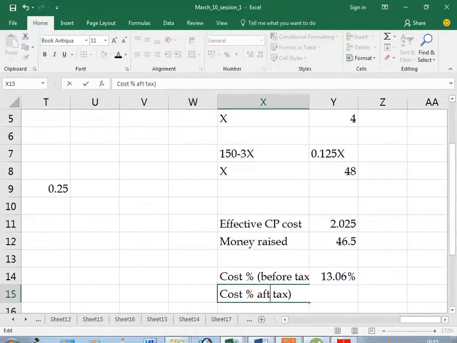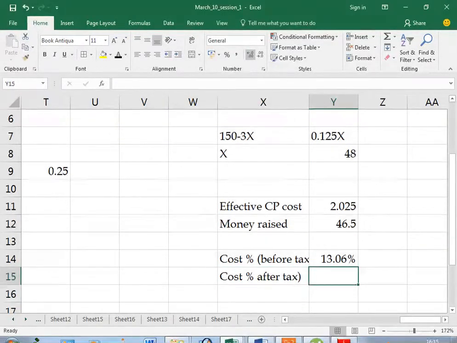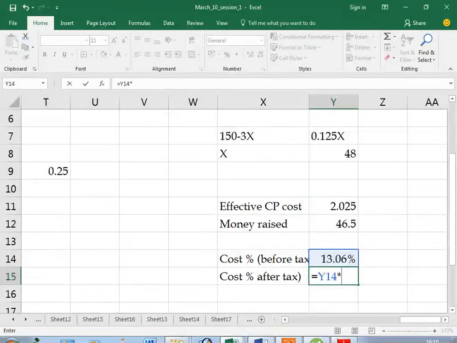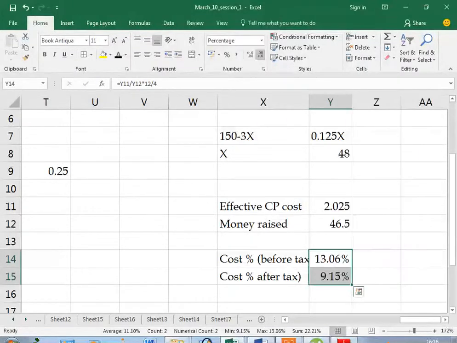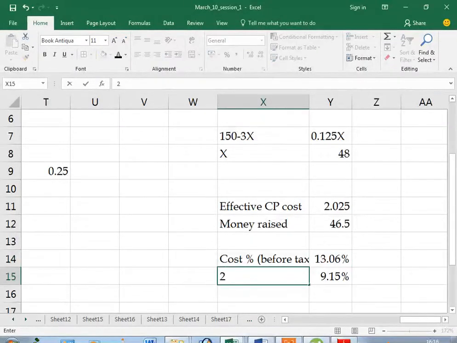Interest is a tax deductible item. What is the tax rate? So into 70%. Pre-tax rate into 1 minus tax rate. So this is going to be the number. Before tax it is 13.06%. After tax it is 9.15%.